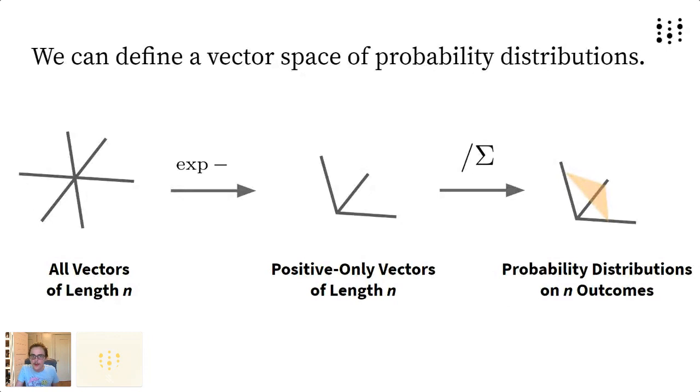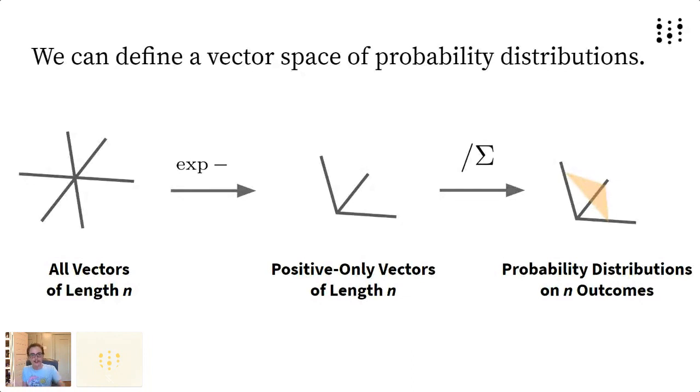And now, I also have that negative log that takes me backwards from the positive only vectors of length n to all vectors of length n. So that'd be an arrow pointing to the left underneath e to the minus. So if I want to add together two probability distributions, if I want to define a notion of addition for probability distributions, I take their negative logarithm and add that together.